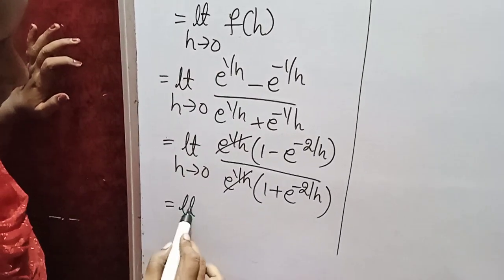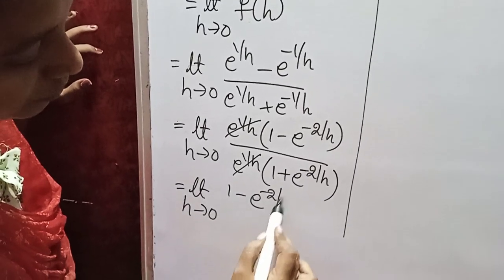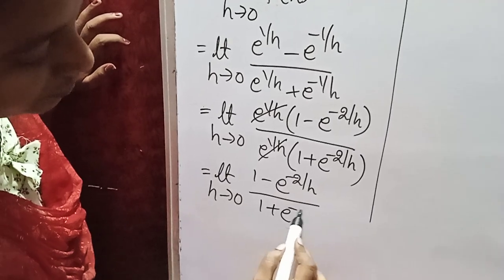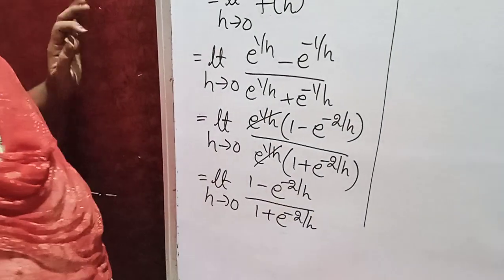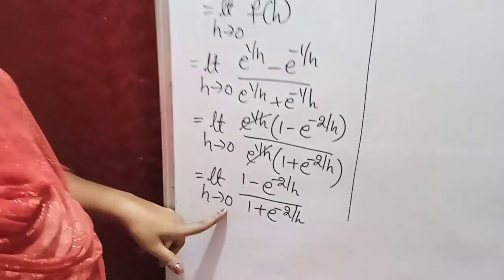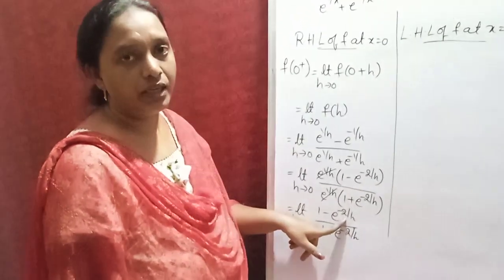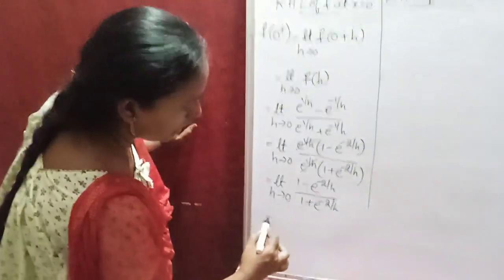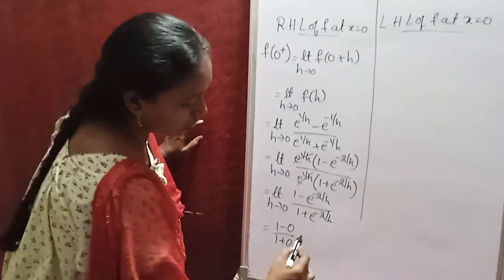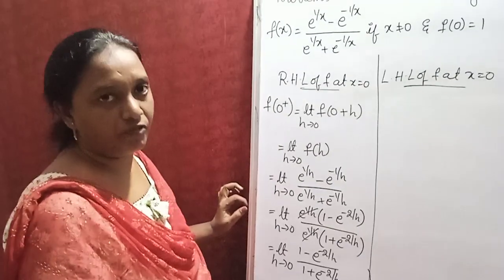So, it will be equal to limit h tends to 0 1 minus e power minus 2 by h, by 1 plus e power minus 2 by h. As I said, as h tends to 0, 1 by h tends to infinity. So, e power minus infinity is nothing but 0. So, that is equal to 1 minus 0 by 1 plus 0. So, that is nothing but 1. So, this is my step 1.